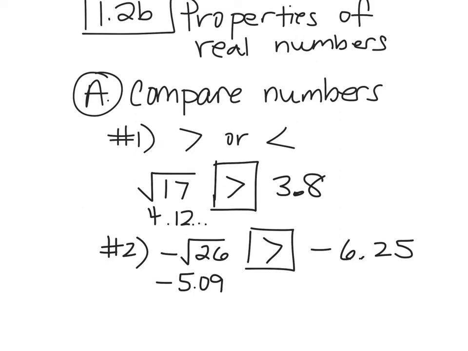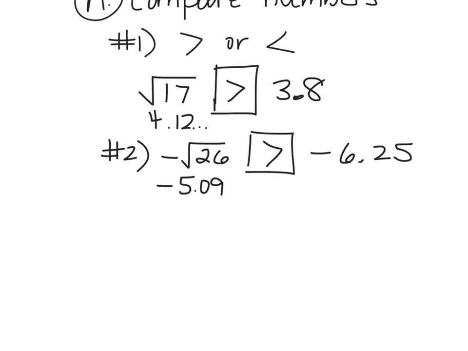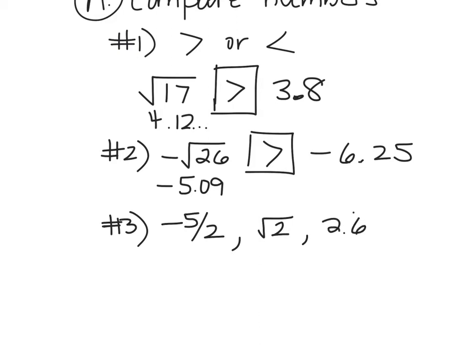We're also going to graph these on a number line. It's funny because this seems so easy, but maybe some of you need a refresher, and that's okay. So let's graph negative 5 halves, the square root of 2, and 2.6 repeating on a number line.